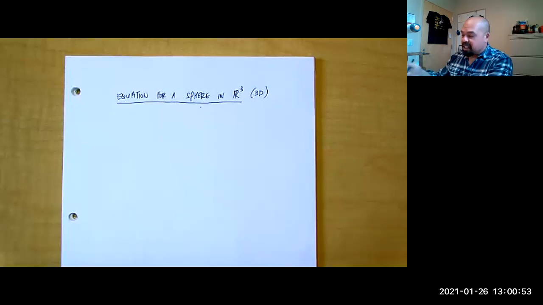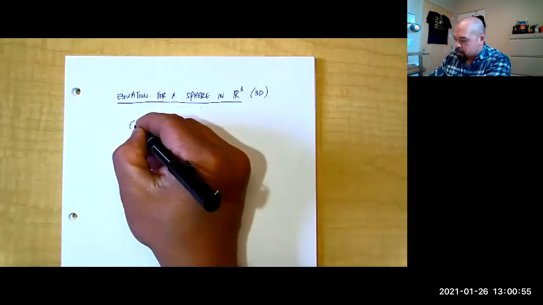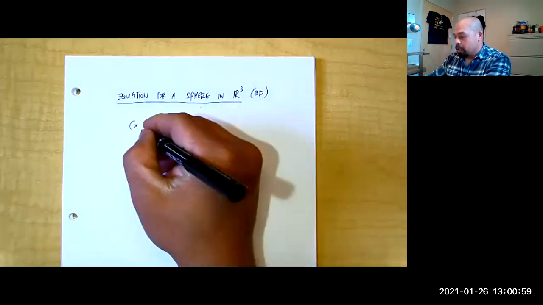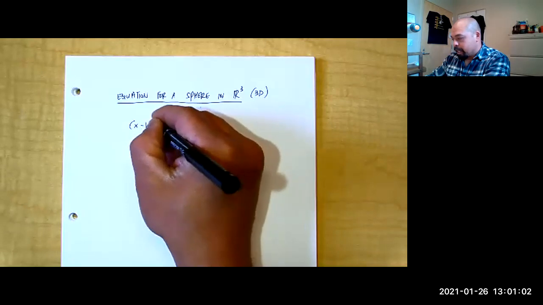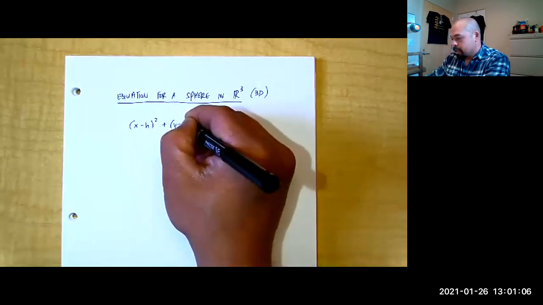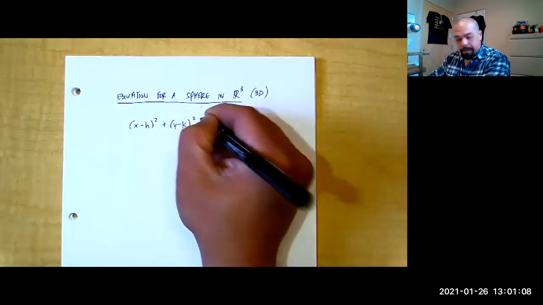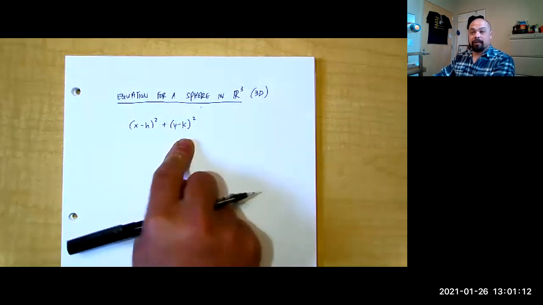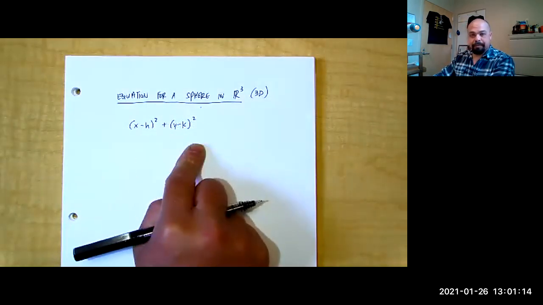So just extending from what we would expect in 2D, R2, we have our x minus h squared plus y minus k squared, right? So there's 2 dimensions, equation for a circle, center at (h, k).